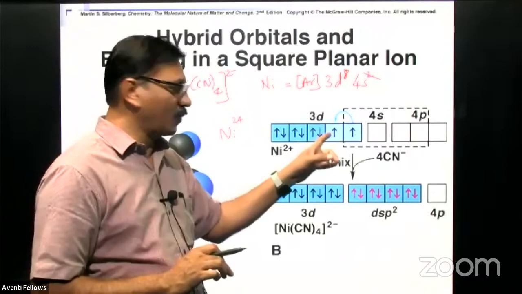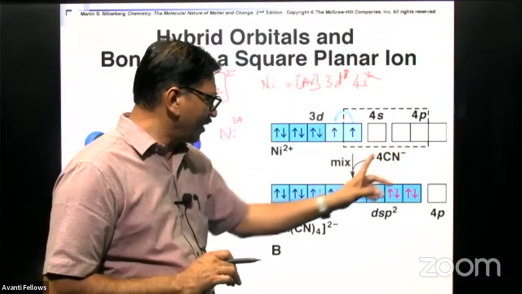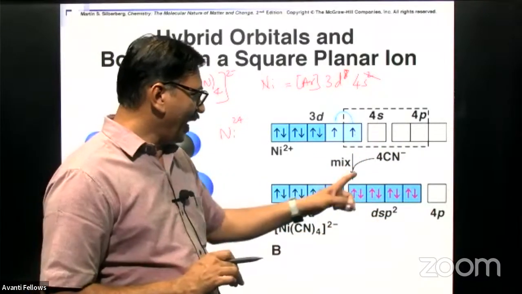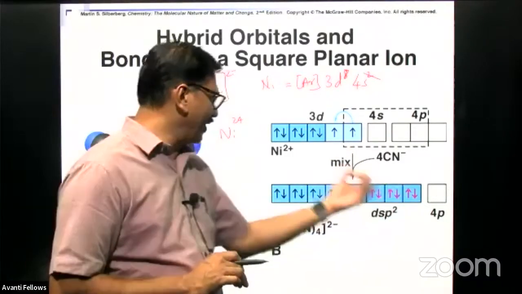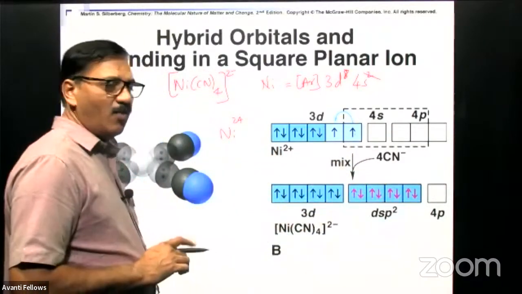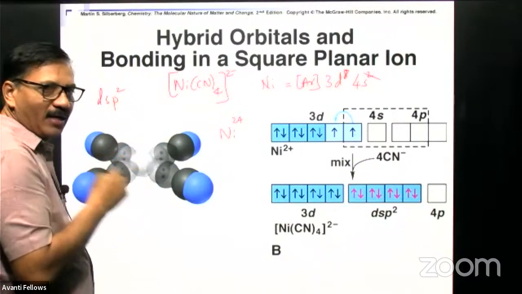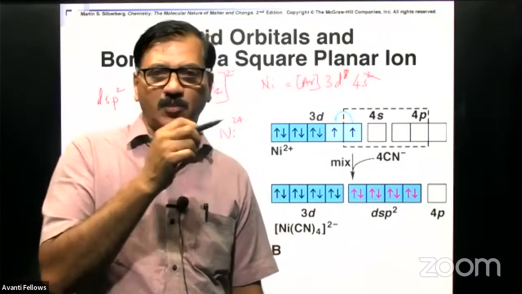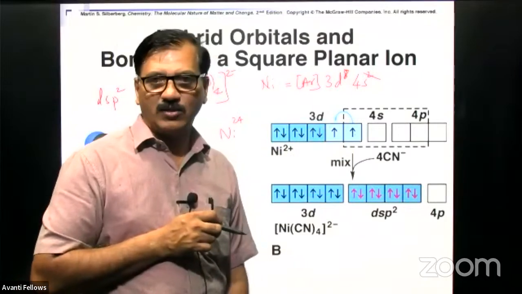Therefore, pairing up takes place, and the kind of hybridization that occurs is dsp2. The 4 dsp2 orbitals accommodate 4 cyanide ions. When the hybridization is dsp2, it is square planar. This kind of shifting is possible, therefore it is so.